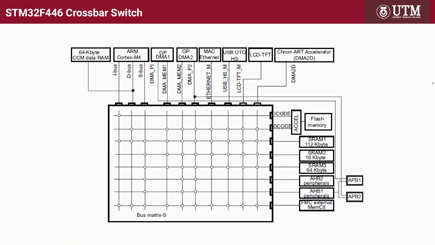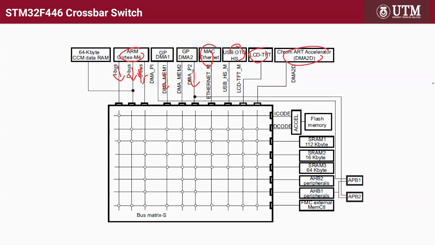Okay, so here we can see on top all the bus masters. The Cortex itself has three ways to access the bus, and then we have DMA, and then DMAs here, and others. If you look here, these are the things that really require high speed DMA.